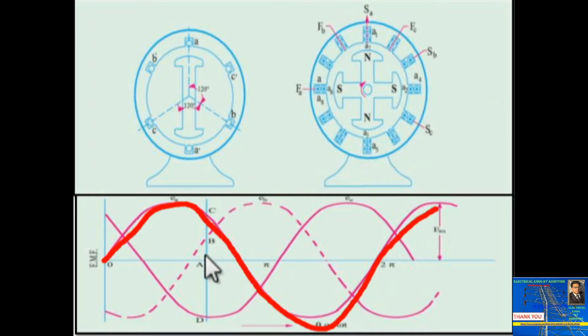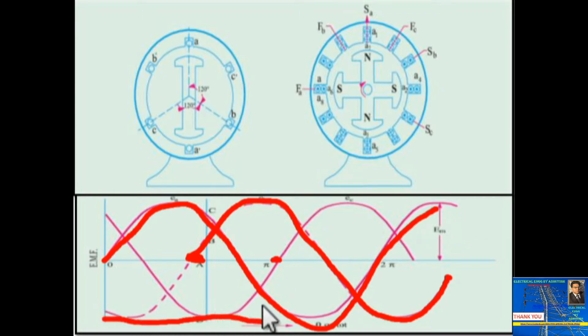Then the second waveform will start from 120 degrees. After a phase difference of 120 degrees, it will start from here. See here, the other waveform belongs to the second phase, B phase. And then the third phase, you see here, after a phase difference of 240 degrees from here to here, the third waveform will start, and this belongs to the third voltage of the third coil.